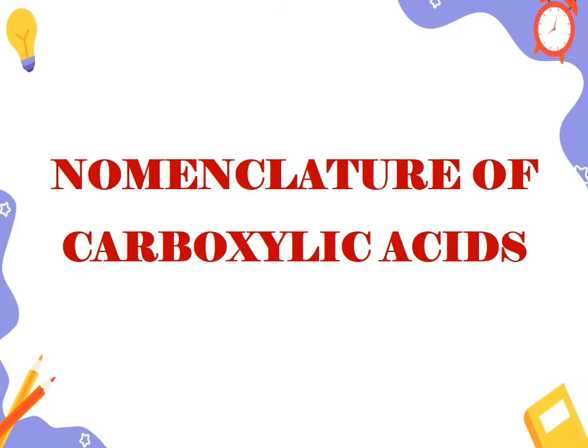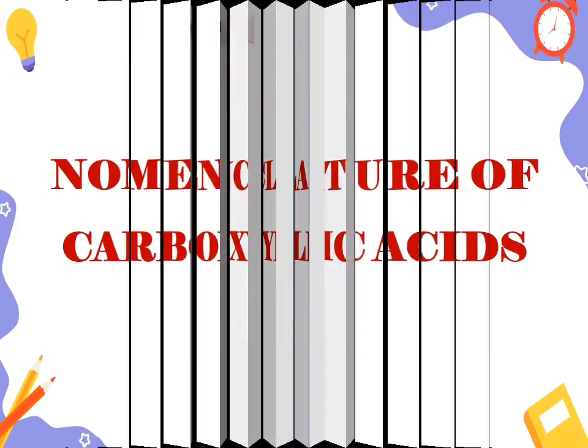Okay guys, so after this we are going to learn about nomenclature of carboxylic acid. So guys, let's start. As usual, we need to give the name according to IUPAC nomenclature.